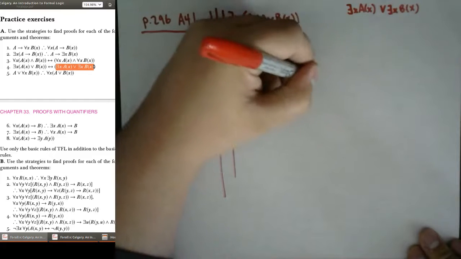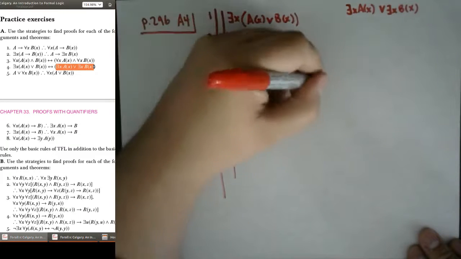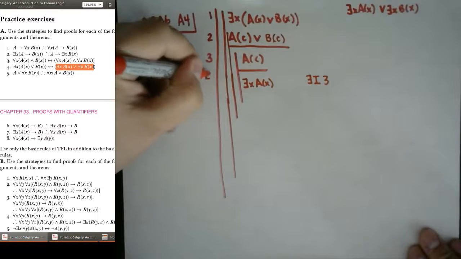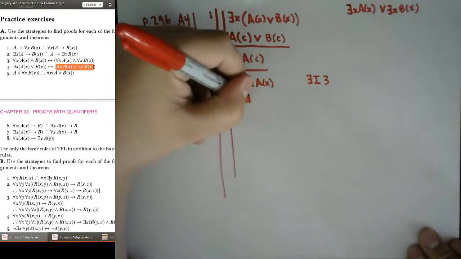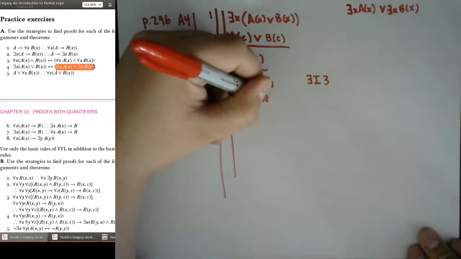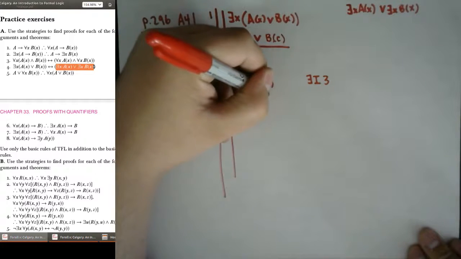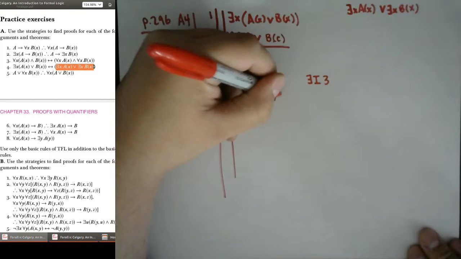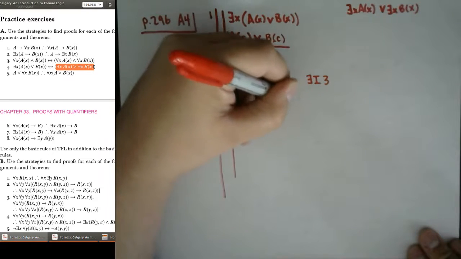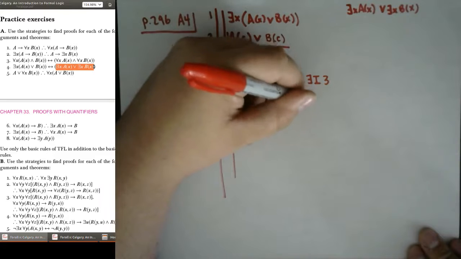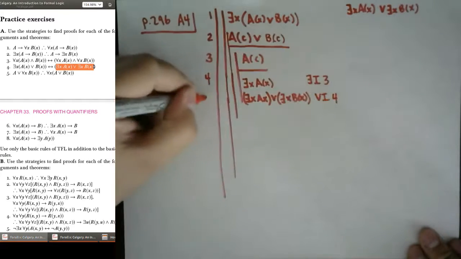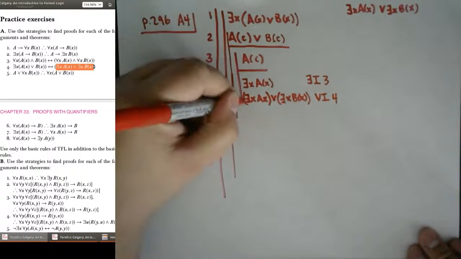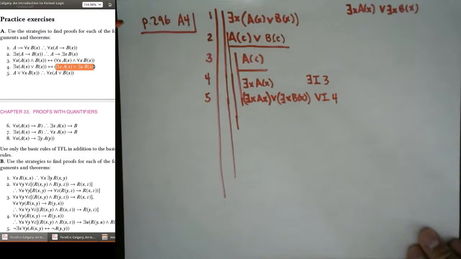That's existential introduction on line 3. And now, looking at what I want, well, I can OR anything I want onto something. So I'm going to OR on. I'm going to put parentheses to emphasize it, but you don't really need the parentheses. It's going to be OR introduction on line 4. Now, I'm certainly allowed to do that because it's OR introduction. You can OR anything you want onto something.